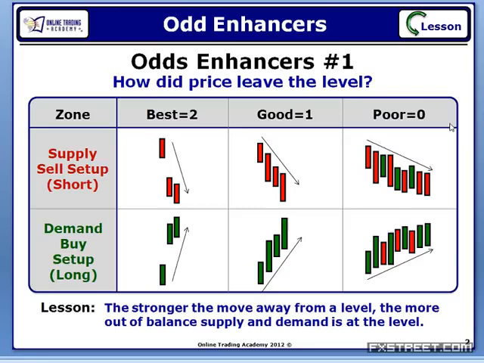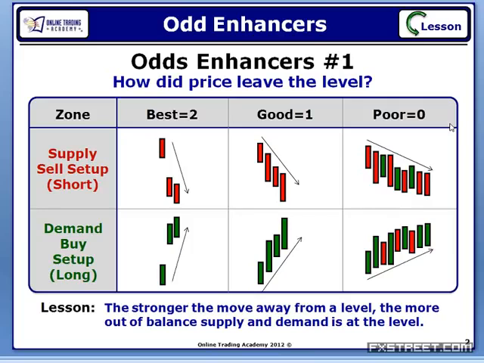I fly a lot, and most of the time they're pretty accurate. Sometimes some bumpy air comes up that wasn't expected, but for the most part, they're pretty accurate. I mean, when they tell the flight attendants to sit down in the middle of a flight, it gets really bumpy. So number one, how did price leave the level?